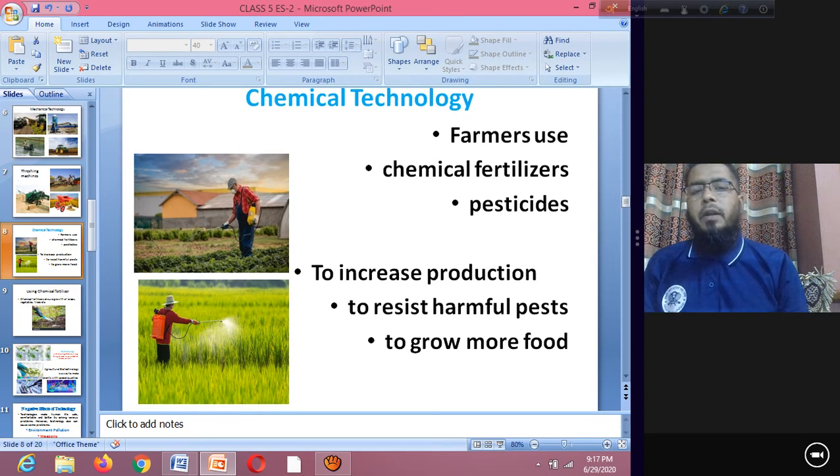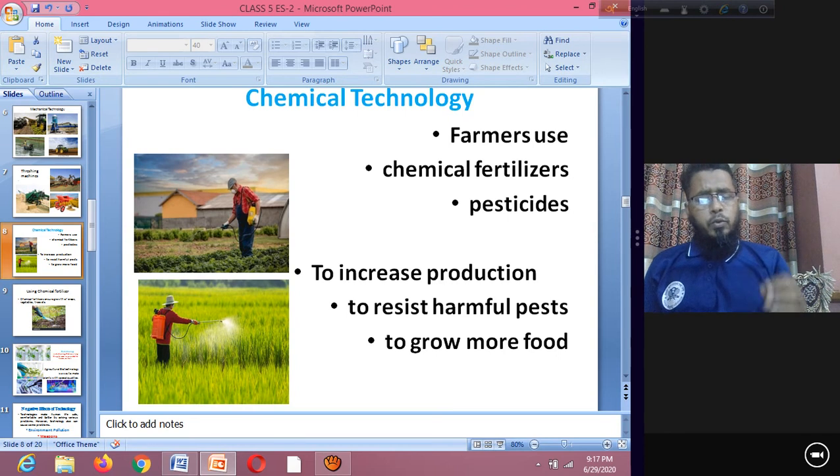In many crops, farmers use chemical fertilizers and pesticides to increase the production. The fertilizer helps plants to grow well and produce more food.